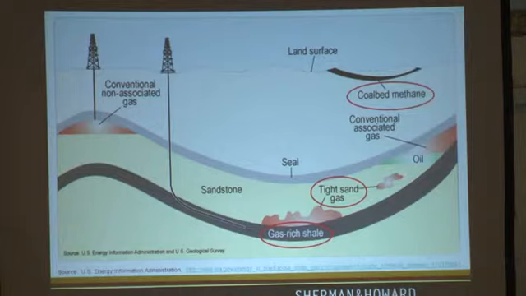Back to this diagram, these are the unconventional resources in this picture. So this is shale, and it's been trapped by some sort of capstone. And then there's gas that's in the sand that hasn't migrated up and is maybe being trapped there because of low permeability, and in part has not migrated up because of time.